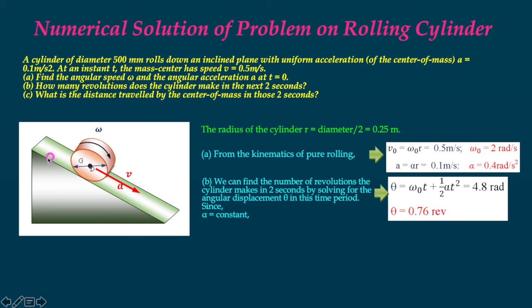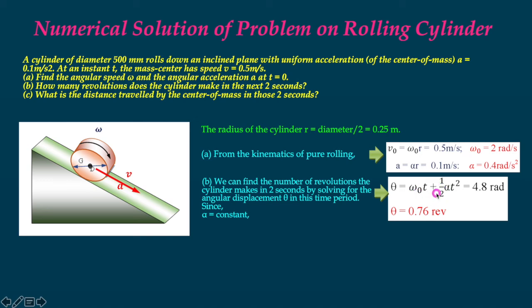Now what is the total distance traveled by the cylinder? As we know, for linear motion, s equals ut plus half f t square. Similarly, in the kinematics of a rigid body, we have derived this equation where theta is the angular distance travelled by the cylinder, omega 0 is the initial angular velocity, alpha is the constant angular acceleration, and then the time.